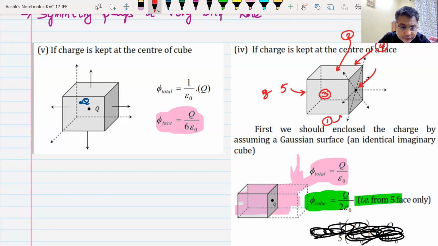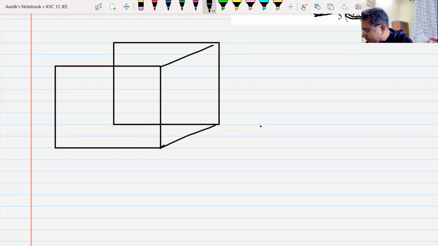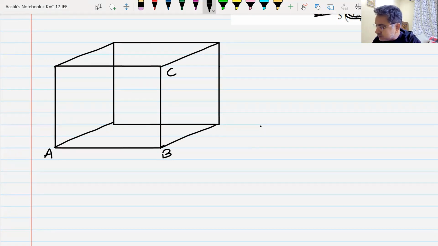Now, let me get one more cube for you to play around. This is my cube. A, B, C, D, E, F, G, H. Remember, all these are questions, they are not theory.